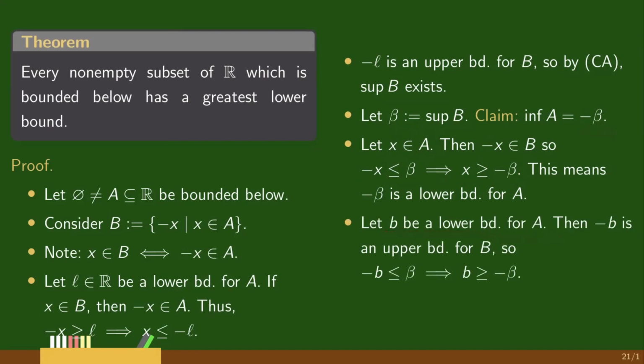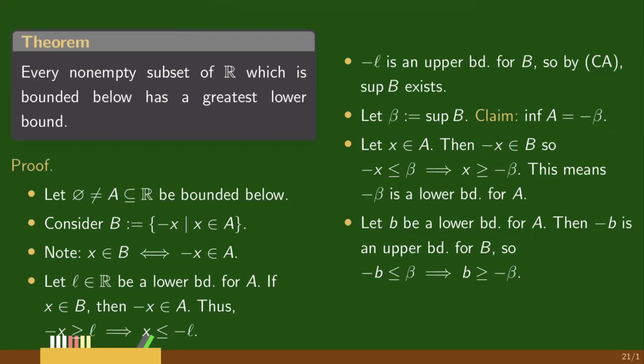Sabihin mo B. Let B be any other lower bound for A. Okay? Tama ba? No, but because B is a lower bound for A, yung negative na ngayon, upper bound yun sa B. Remember yung B, ang laman yan yung mga negatives ng mga nasa A. So pag ni-negative mo si B, upper bound yun nung B.